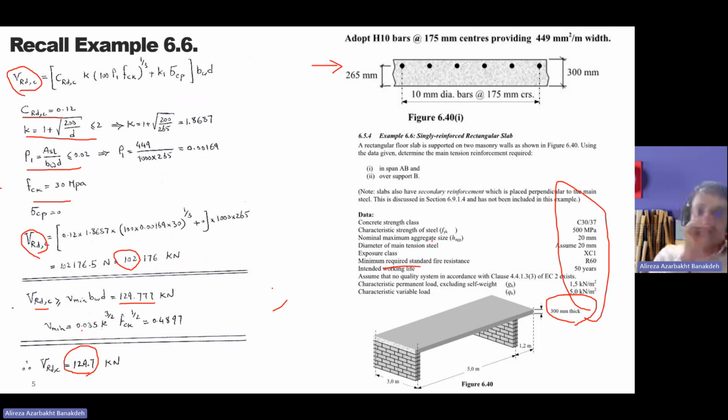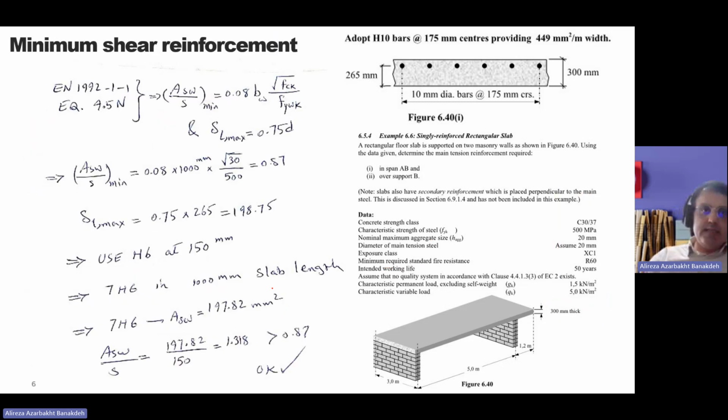So again, I elaborated a little bit more with the same example, and I assume that my shear forces from structural analysis is less than 129 kilonewton, and I don't need to design for shear forces. However, I need to consider the minimum shear reinforcement.